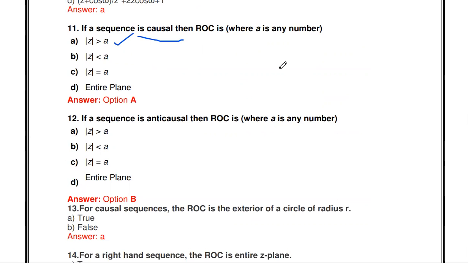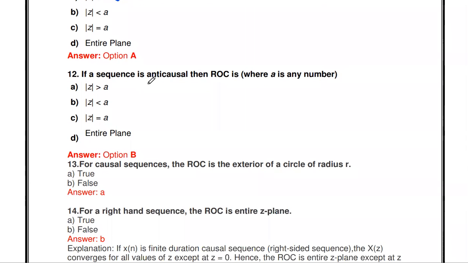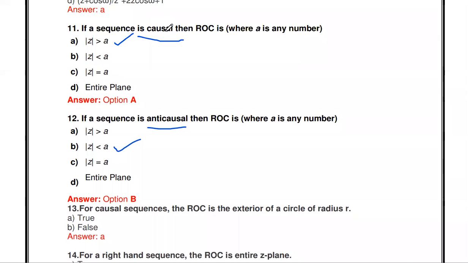That is, the region of convergence is the exterior part of the circle having radius a. If the sequence is anti-causal, then the ROC is the interior part of the circle, so modulus of Z less than a. Causal means, for example, u of n, a power n u of n. These are all causal sequences. So for a causal sequence, ROC will be modulus of Z greater than a.